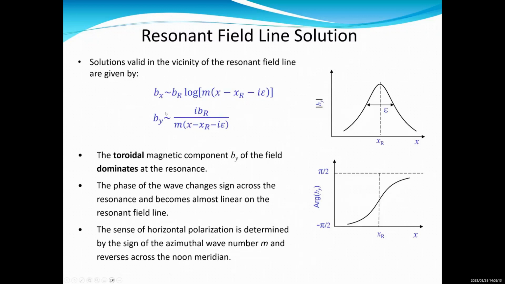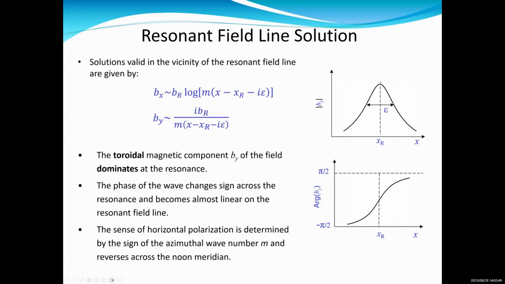The equatorial plane, well, in the box model, x is radial. The y component is azimuthal. So the x component varies logarithmically and changes sign across the resonant field line. There's also a y component, which has got this factor here in the denominator.